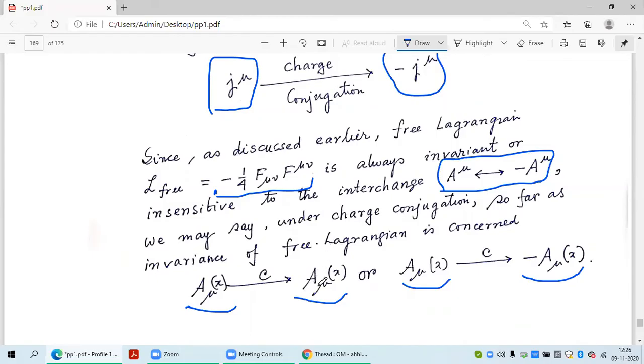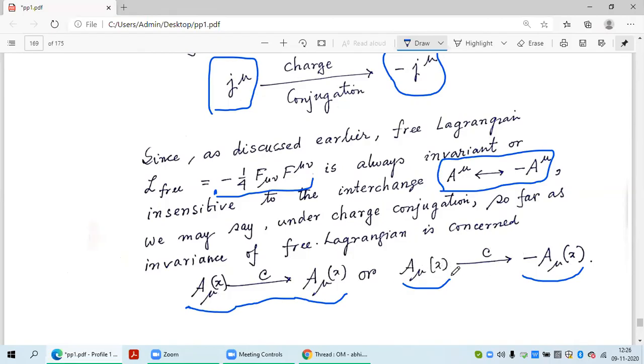Theoretically, A mu and minus A mu can represent the same photon because the free Lagrangian is quadratic in F mu nu. So technically, we can think that charge conjugation changes A mu to either this or this, so far as A mu is a free field. So far as invariance of the free Lagrangian is concerned, we can think these changes, because this is not a transformation of coordinates.